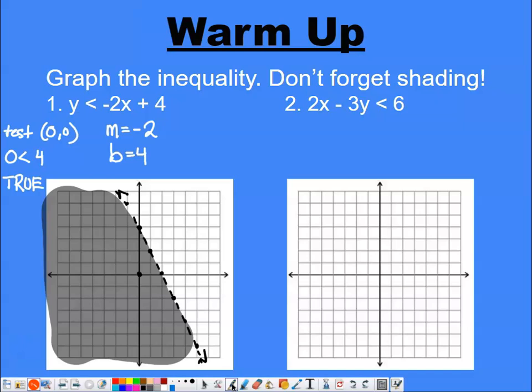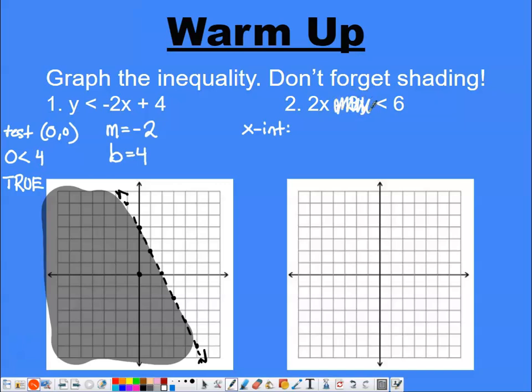So we have 2x minus 3y is less than 6. Okay, so let's go ahead and do the x and y intercepts. Right, that's going to be a good method for us. So if I do that x-intercept, okay, right, I take my thumb, I cover up that negative 3y because when I substitute in y equals 0, that just goes away.